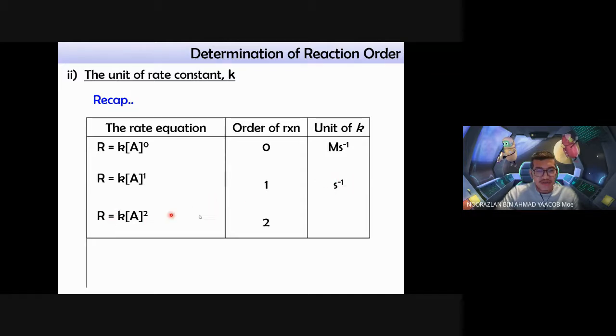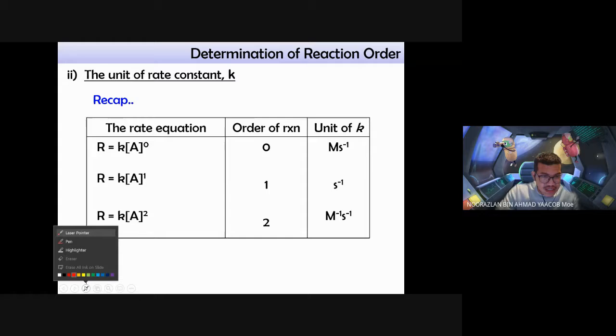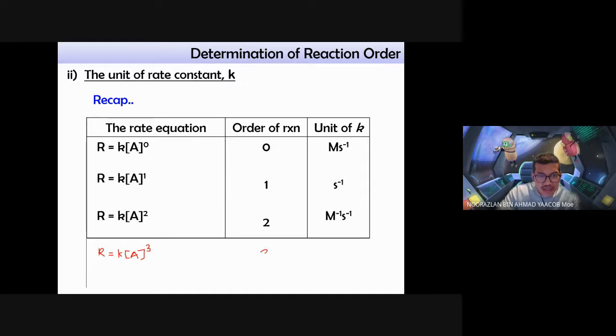Dan kalau dia second order, dia adalah per molar per second. Kalau dia third order, dekat sini tiada, let me just add R sama dengan K A to the power of 3. So this is third order. Dia adalah molar per square per second, like that.